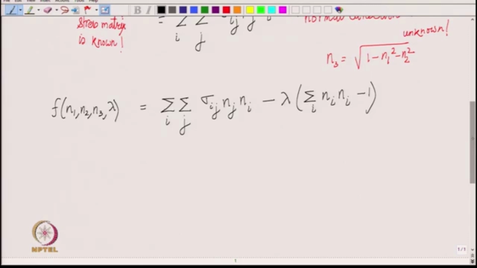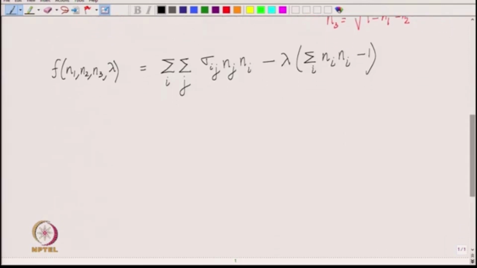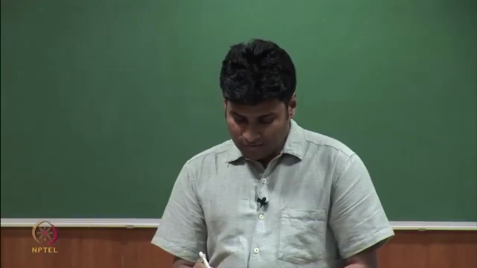So, we take the derivative with respect to each of the components, right. Let us, for example, take the derivative with respect to n 1. So, del f by del n 1. So, sigma i j, remember it is a constant, it does not depend on n.